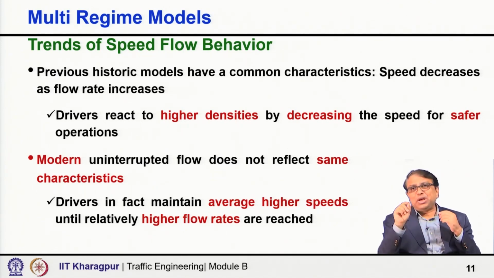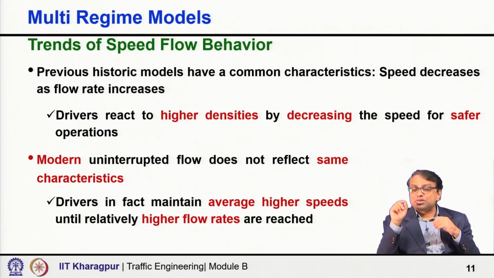But I can also add here that you will not always get the same behavior as I am saying for modern uninterrupted flow. The roadway, traffic and control conditions will influence it, and they are bound to influence.